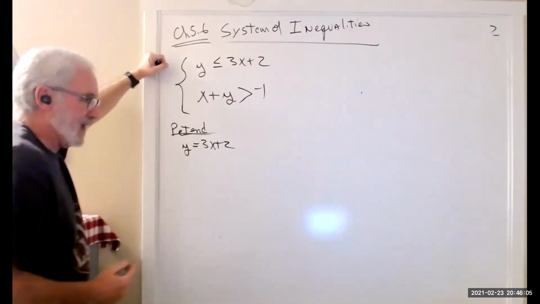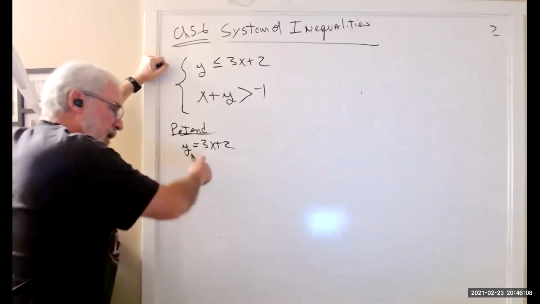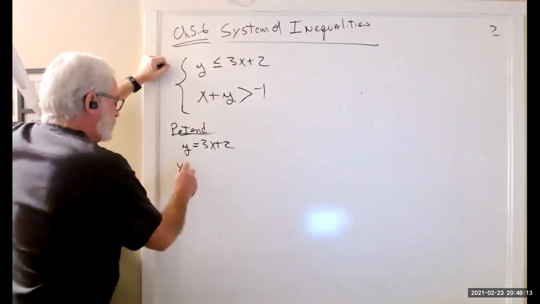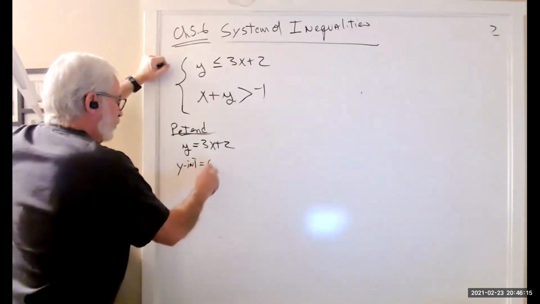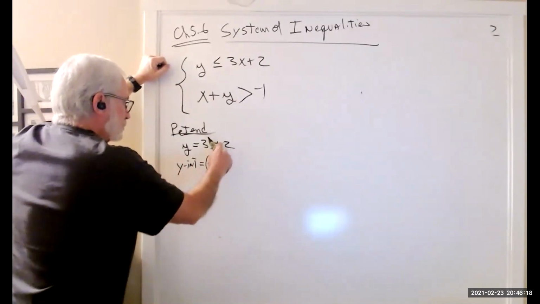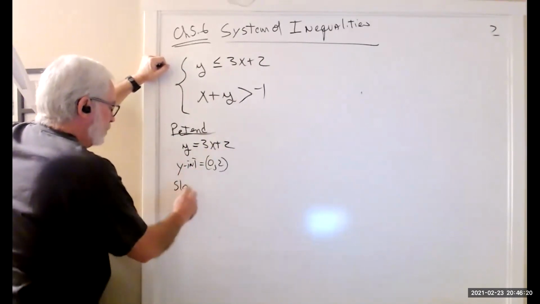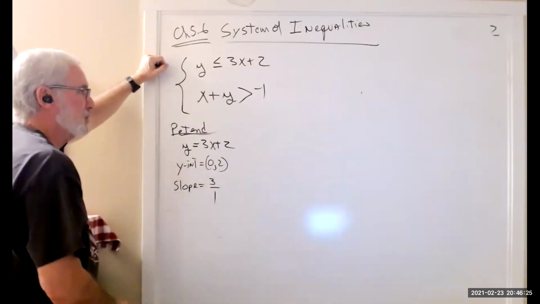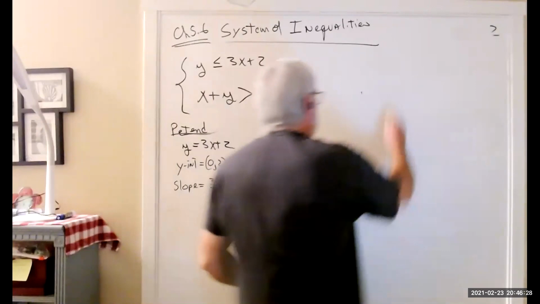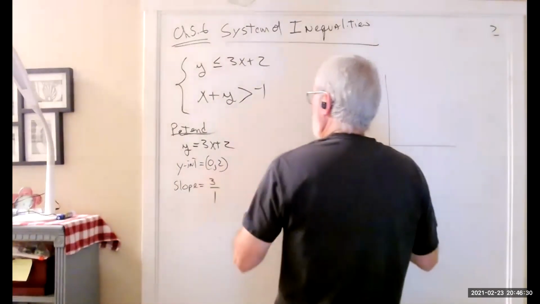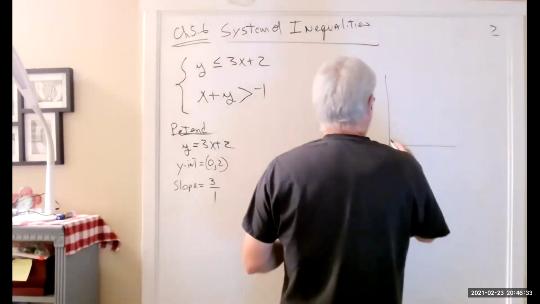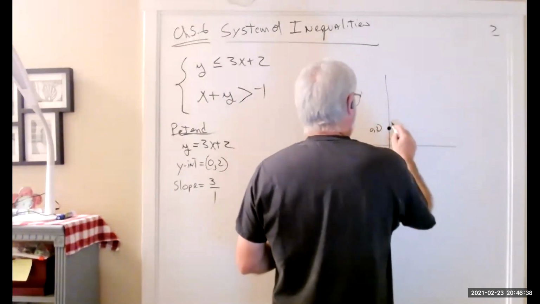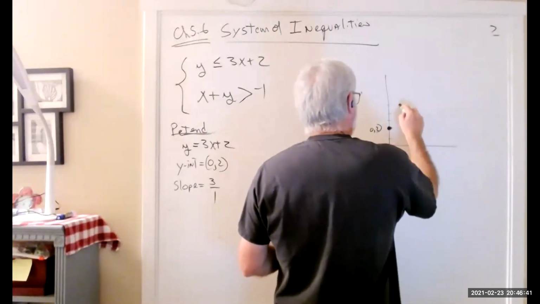Now, the fastest way to graph this one is not with a table of values, but to say my y-intercept is 0, 2, and to say my slope is 3/1. So 0, 2 is here. And we're going to go up 3, 1, 2, 3/1.